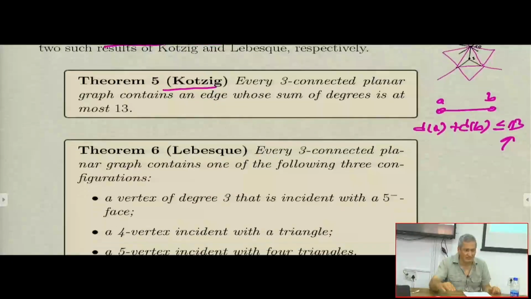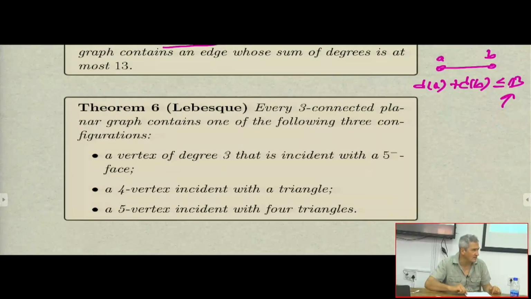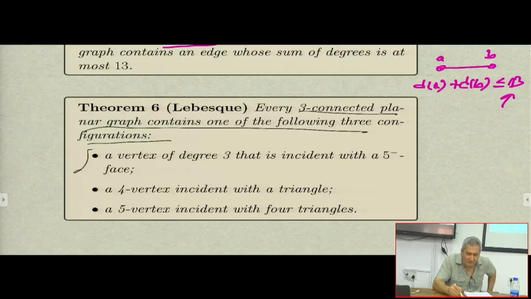And Lebesgue, this is some guy from analysis, I don't know, he's a famous French guy, yes. He was working on the four-color theorem. And he proved that every connected planar graph has one of these 3 configurations.